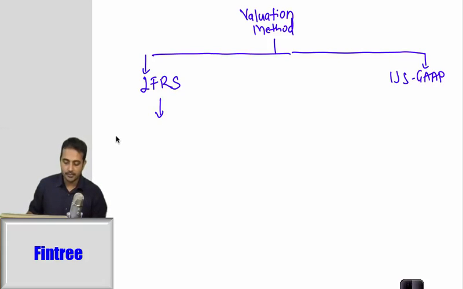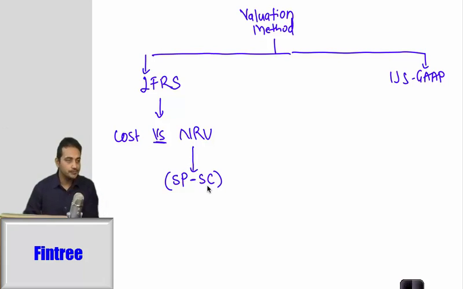IFRS is relatively simple. We compare cost versus net realizable value. And how do we get net realizable value? Selling price minus selling cost.